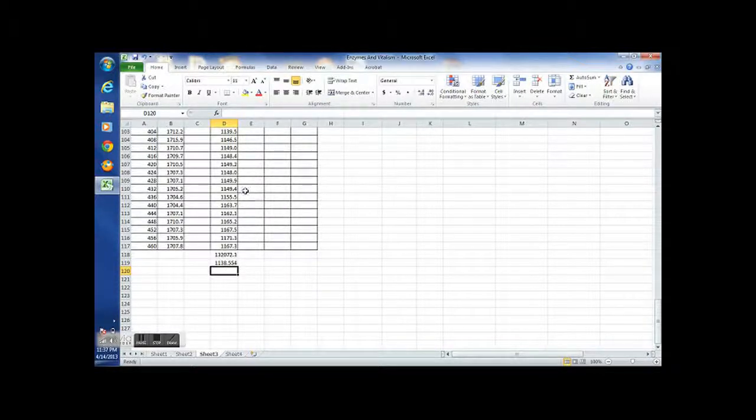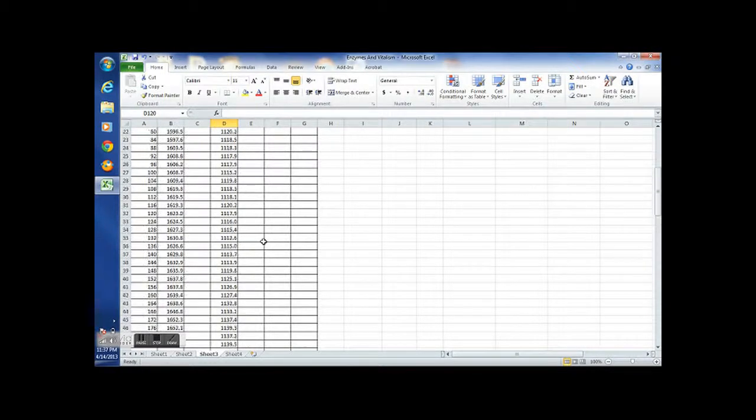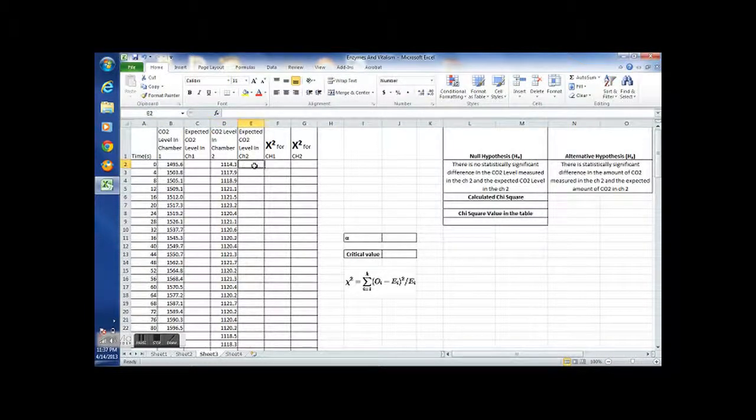In each cell I have one decimal, since these are formatted and these two are not, so I will round it to one decimal. 1138.6. So this is my expected value.